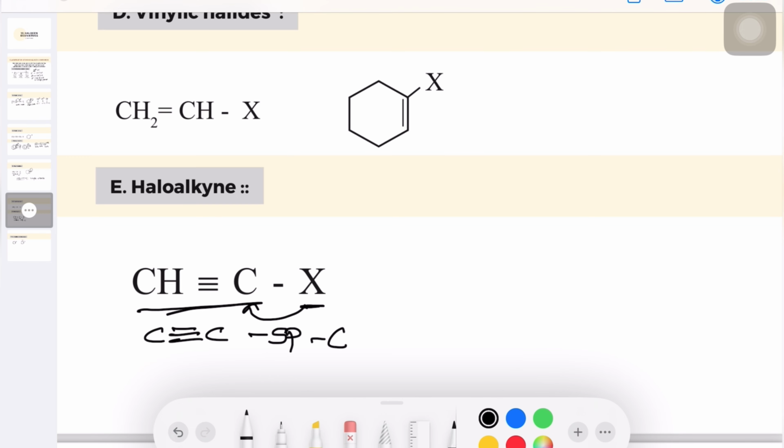Alkyne is a carbon-carbon triple bond hydrocarbon. So if we add chlorine in place of this hydrogen, then the compound having formula CH≡C-Cl has the halogen part chlorine, so chloro, and here alkyne.